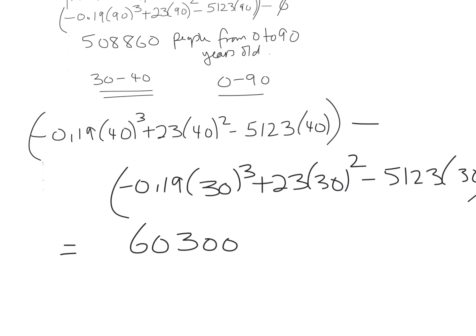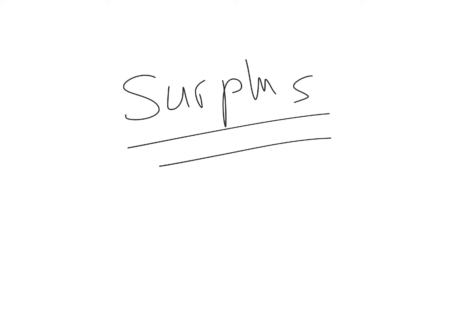consumers and producers surplus. So when we think about what those words mean, consumers and producers surplus, we think about surplus, right? And I don't know if you've heard that word before, but surplus is used to mean something extra, right?